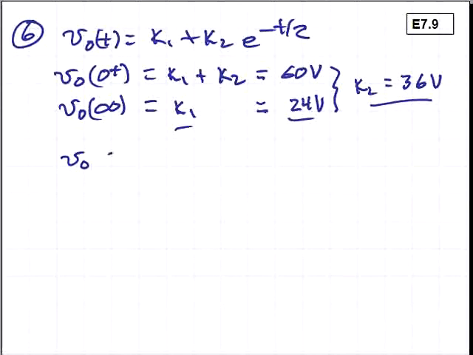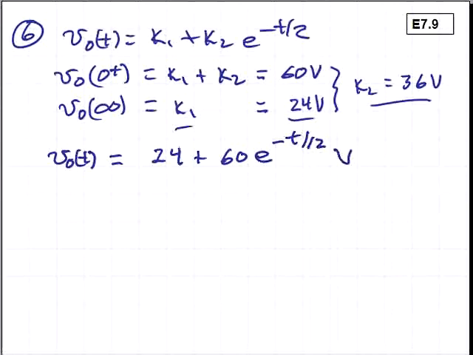So then our final form of the VO of t will be equal to 24 plus 36 e to the minus t over 12 seconds for the time constant, in volts, and this applies for the time t greater than 0.